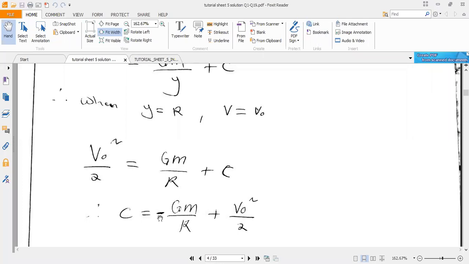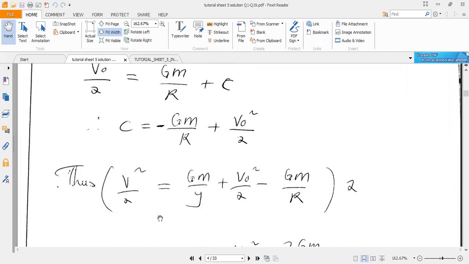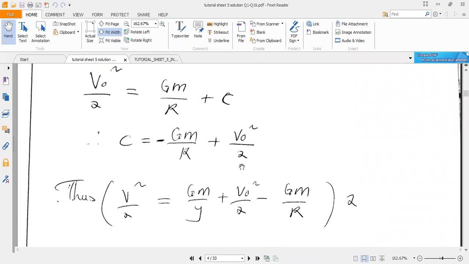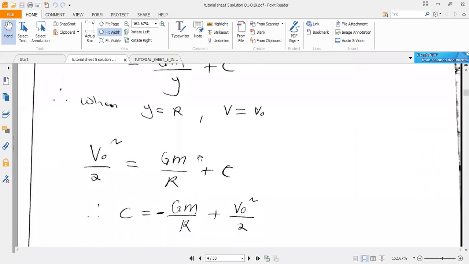So from there, where there was c in our initial equation, let's just go back. Yeah, here where there was c, we can rightly put our new expression for c: negative GM over r plus v naught squared over 2.